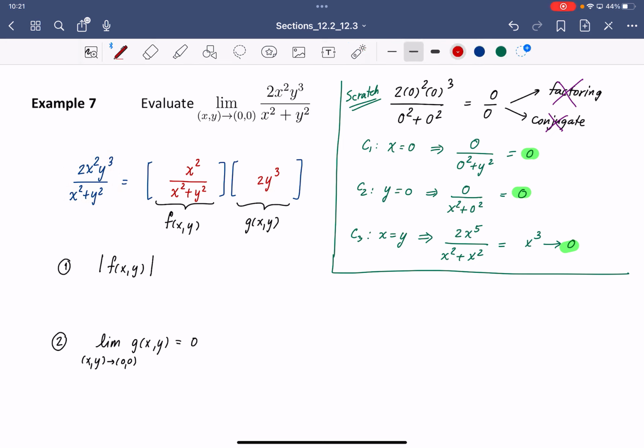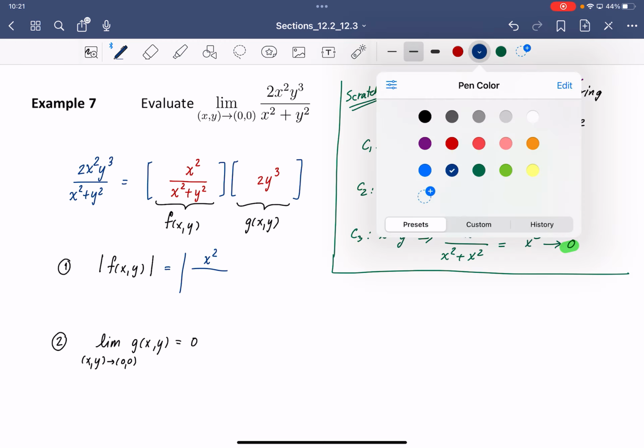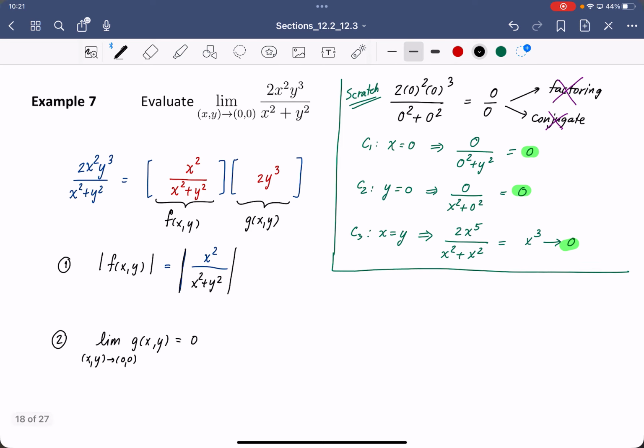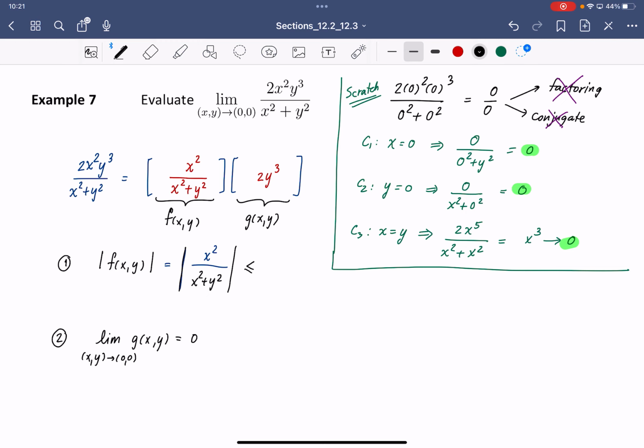So if I do that, my f is going to be x² over x² + y². And then its absolute value is going to be less than or equal to (x² + y²) over (x² + y²), which is equal to 1.